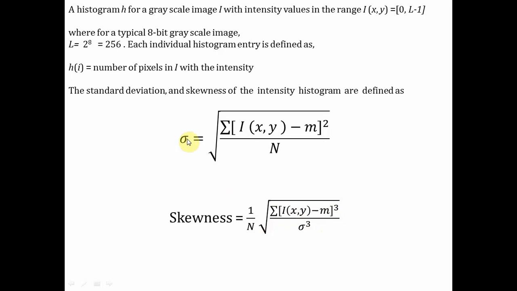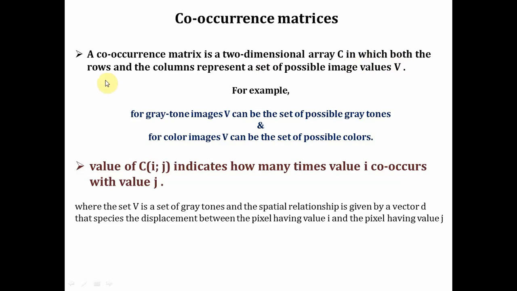Now, how to analyze the different kinds of texture using co-occurrence matrices. A co-occurrence matrix is a two-dimensional array C in which both rows and columns represent a set of possible image values V. For example, for a gray tone image, V can be the set of possible gray tones.